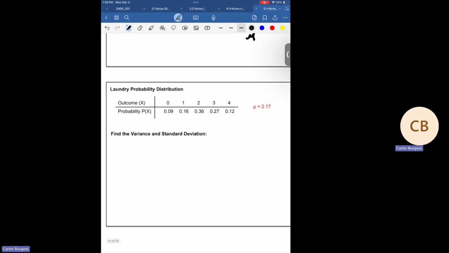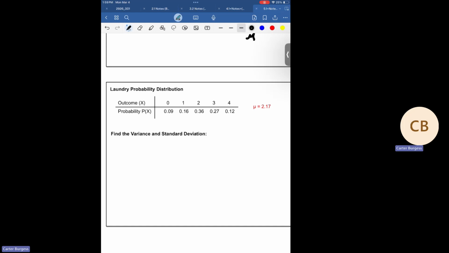Okay, so let's take a look at our laundry example again. We had already calculated that our average, that our mean was 2.17. Now we are trying to figure out first the variance, and then once I have the variance, what am I going to do to it to get the standard deviation? Take the square root of it. Very good.